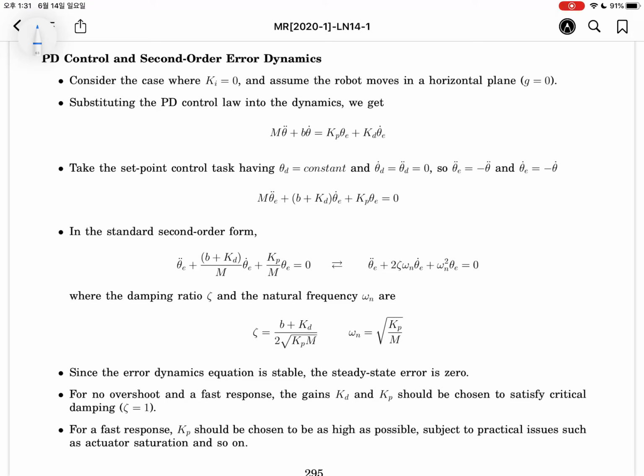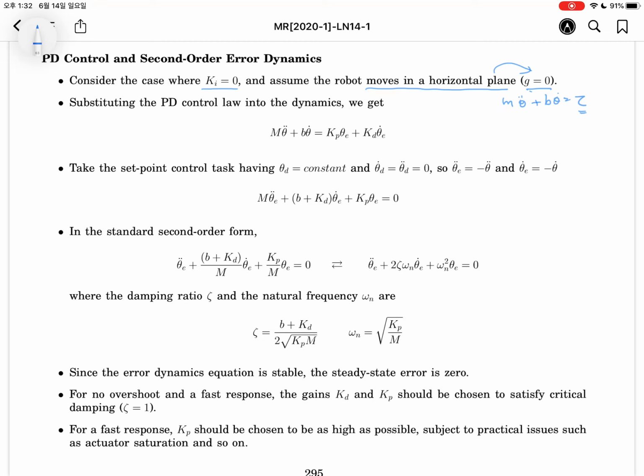Okay, from the PID control, let's assume that the integral gain is 0. It will turn the PID control into PD control. And then we will assume that the robot moves in the horizontal plane. That means the gravitational torque will be 0. So m theta double dot plus b theta dot will be equal to the torque.